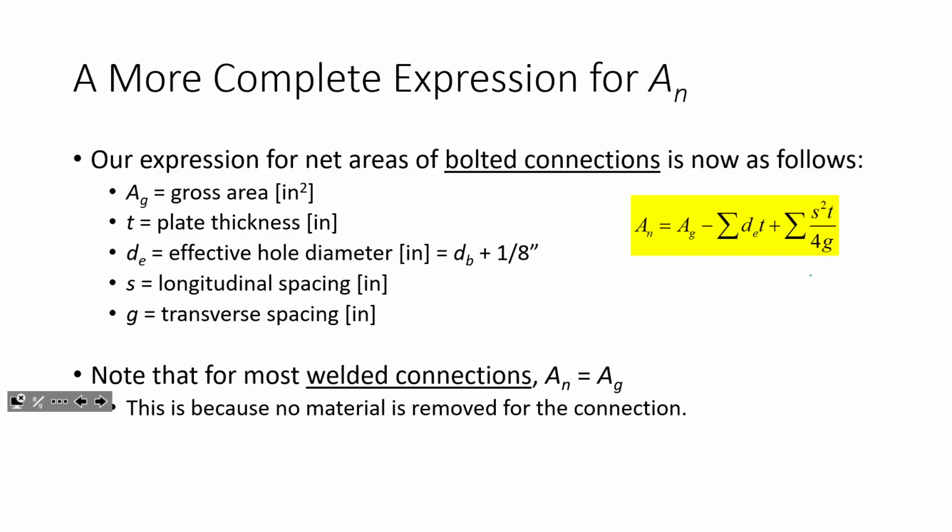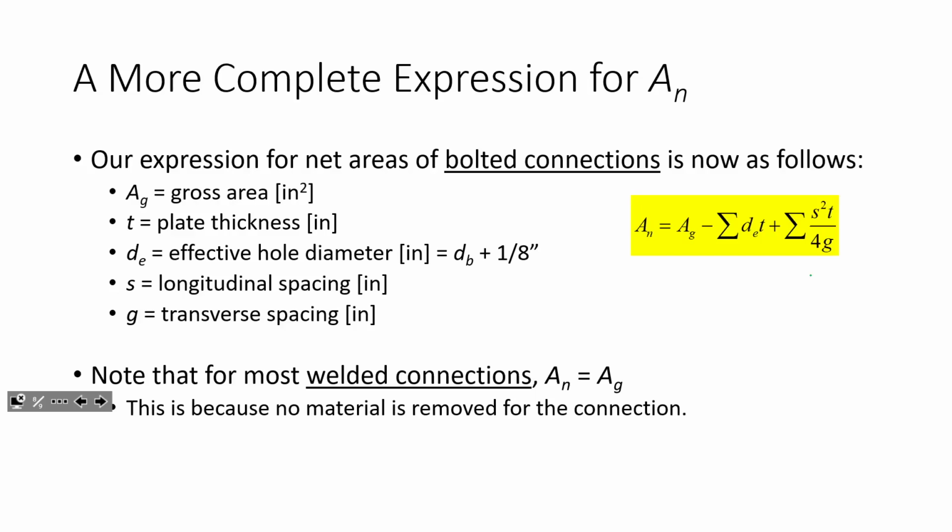You have an angle, you have a plate, stick the angle on the plate, weld it, right? Fillet welds. Arguably the most common type of weld we see in structural engineering applications. Because you're not removing any material, what is the net area? It's the gross area, right? So there's no real math that you need to do. And if there is material removed, just account for it. It's just geometry, okay?